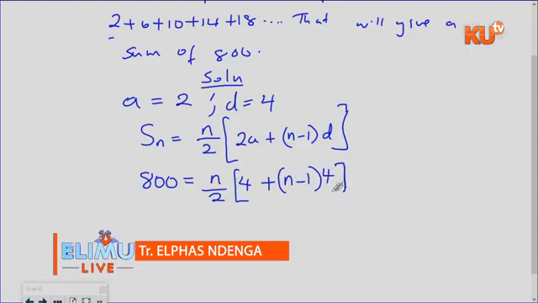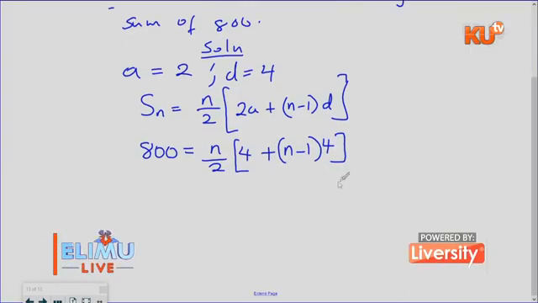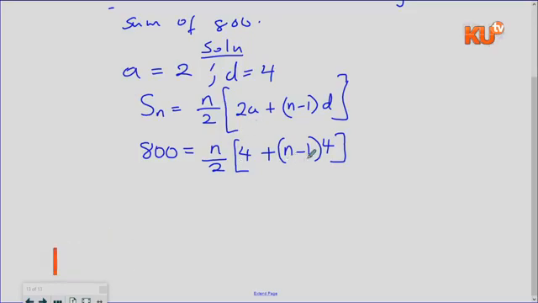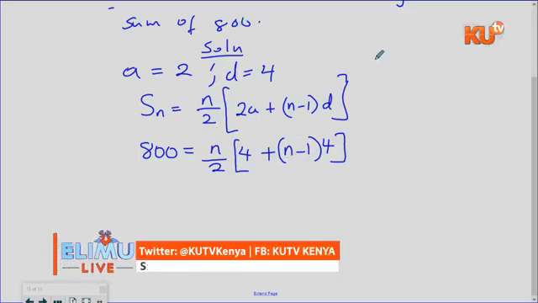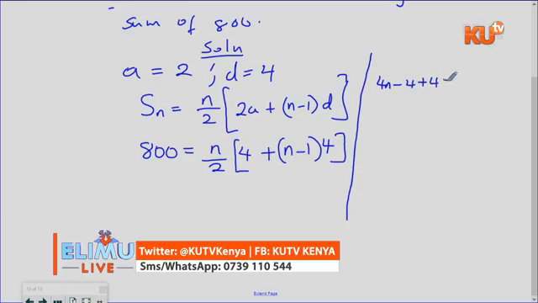If I work this out, I'll have 4n minus 4 plus 4, and we multiply by n over 2.